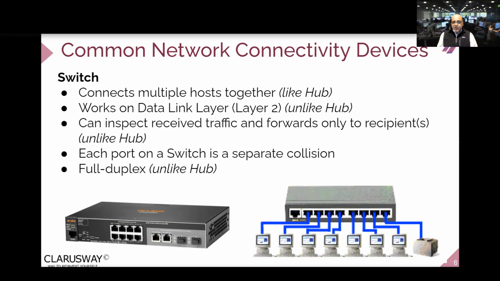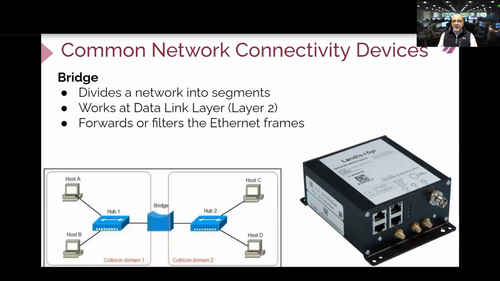Then you have a switch. Actually, before I get to a switch, let me do the bridge. A bridge has exactly two ports, one on the left side, one on the right side. What it does is it divides a network into two.